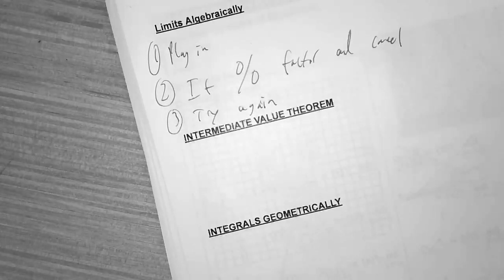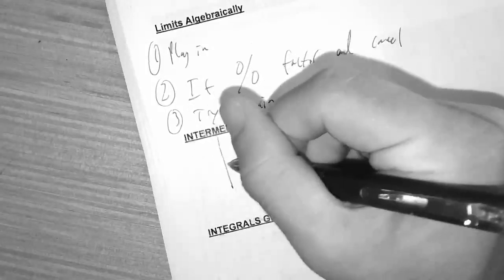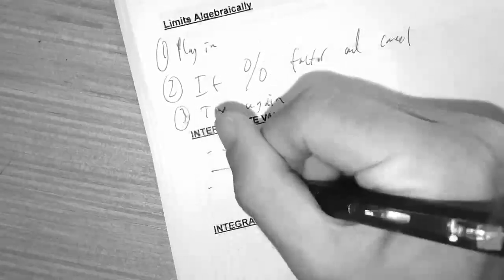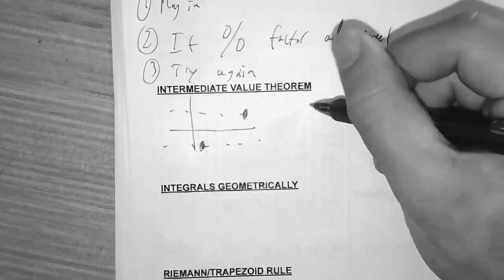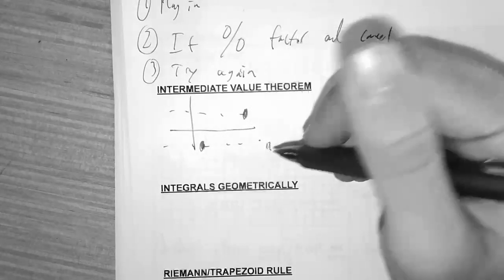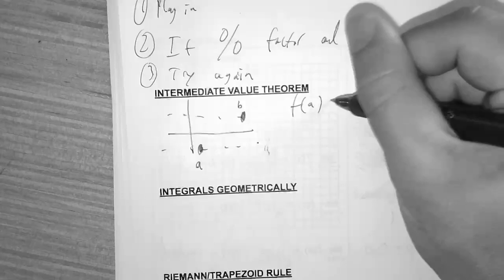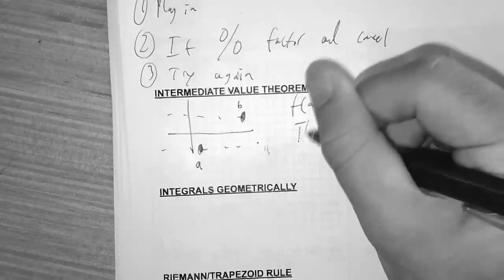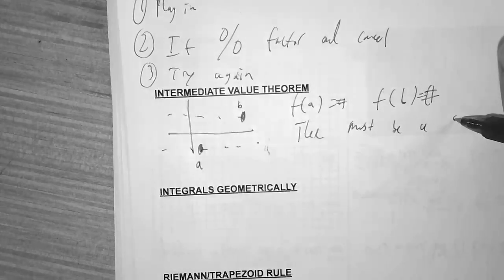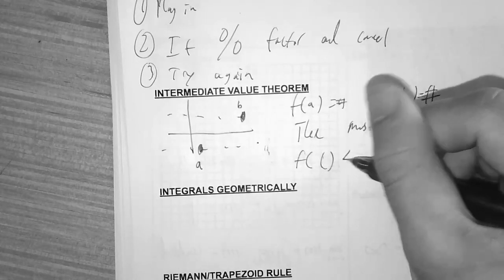The idea of the intermediate value theorem is that, I'll draw it out, if you have two x values, a and b, and f of a is some number, and f of b is some other number, there must be a c such that f of c is between these two numbers.